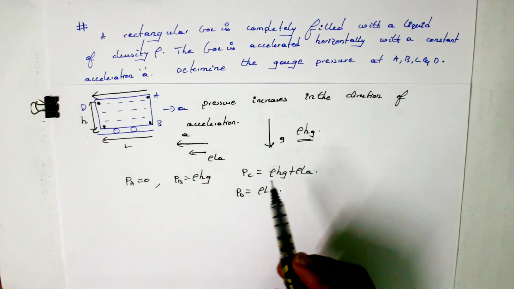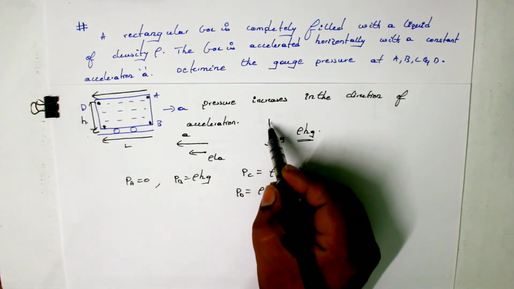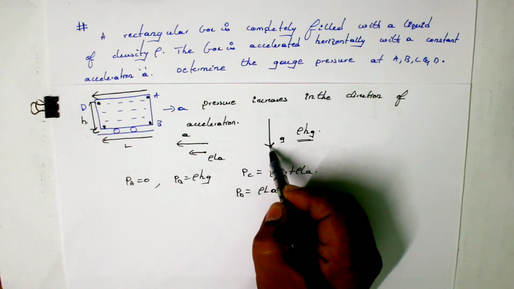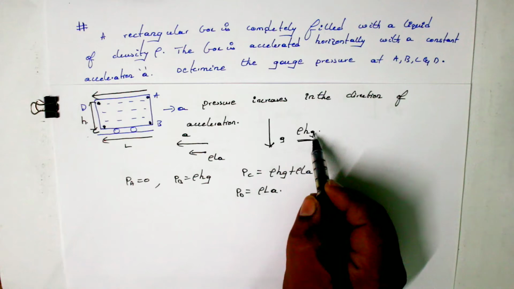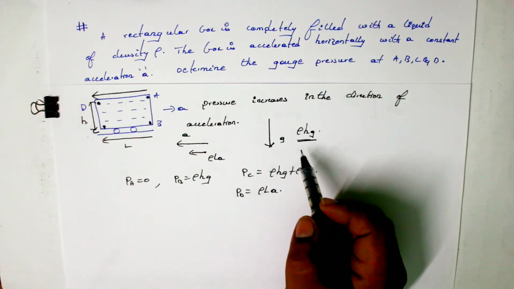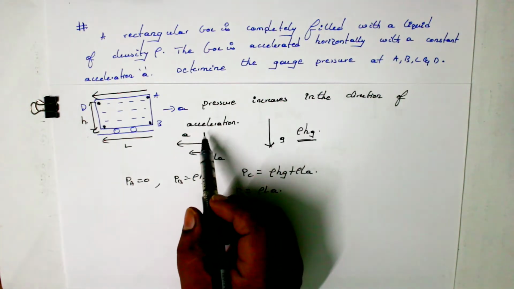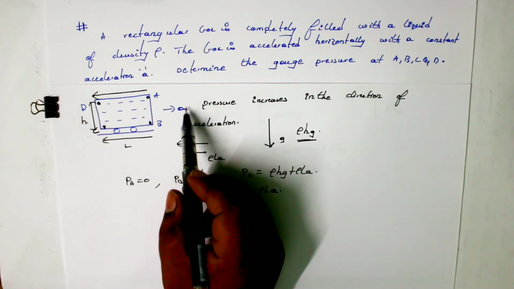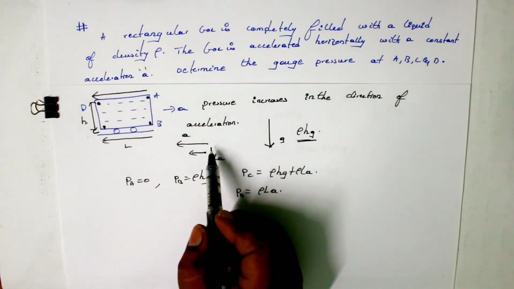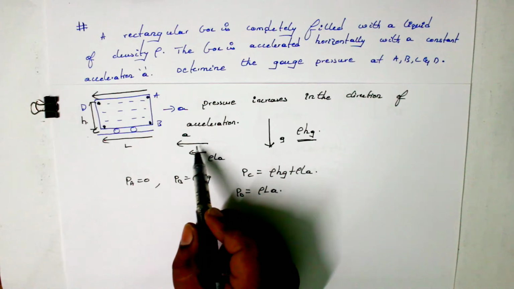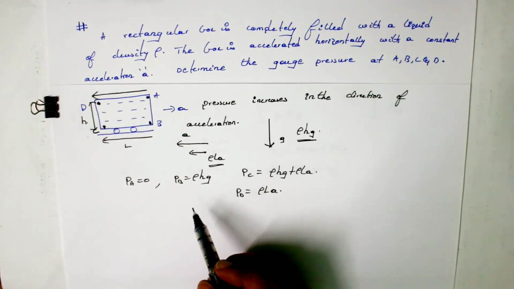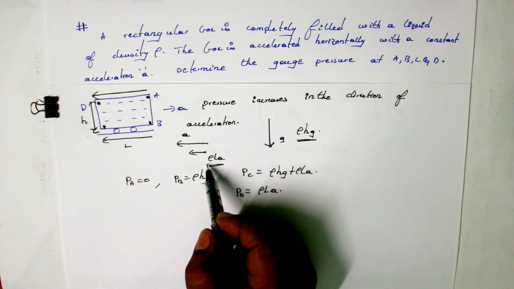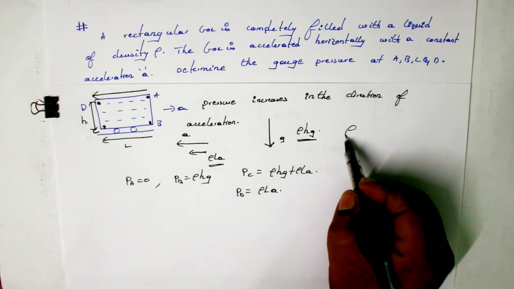This question is based on the concept that if I go inside the liquid column, in the direction of acceleration due to gravity, then pressure due to rho hg continuously increases. Similarly, if I move opposite to the direction of acceleration of this box, that is in the direction of pseudo acceleration, then pressure also increases according to rho into L into A. So rho LA and rho hg are analogous.